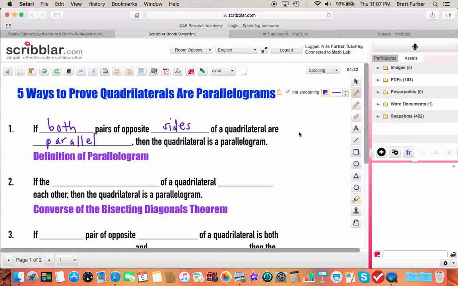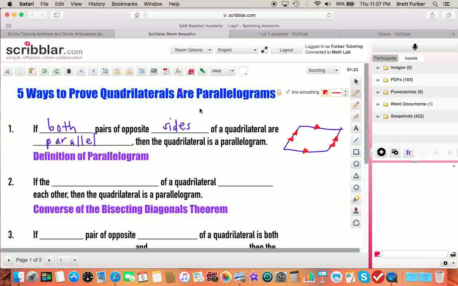So, for example, if a shape was drawn and the only markings given on the shape were the parallel line arrows, and it showed 2 sets of those arrows, and you were asked to tell if that was a parallelogram, you would say yes.